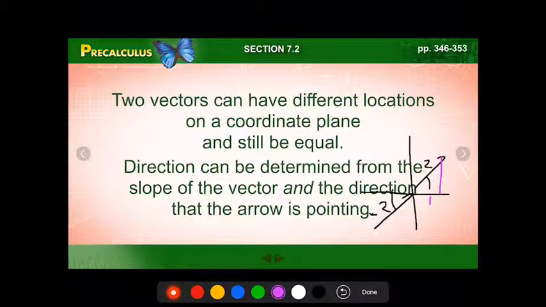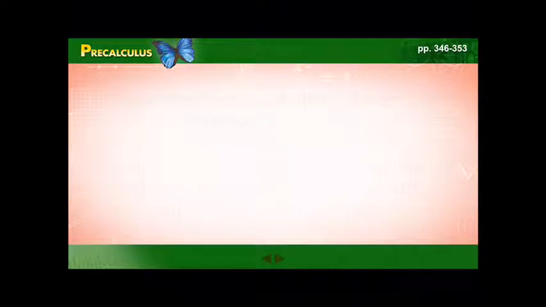Maybe a 1 and square root of 3, something like this. The slope of that would actually help you understand what direction it's going to be pointing. Also, the big factor there is the signs on these. This obviously would be a positive here, and this would be a positive. But in this triangle down here, this would be a negative, and this would be a negative. So that's kind of what it's referring to there.